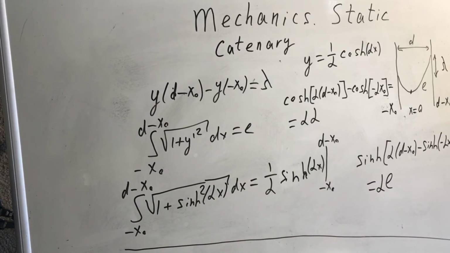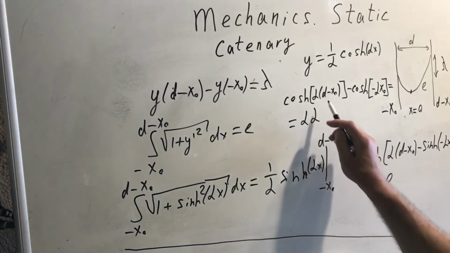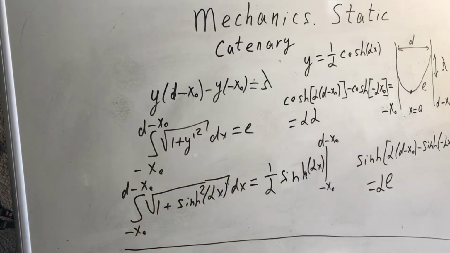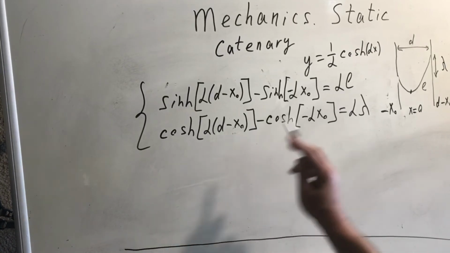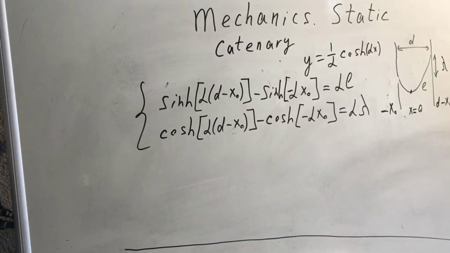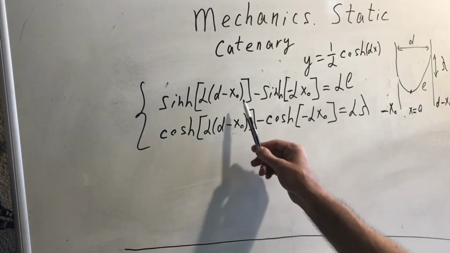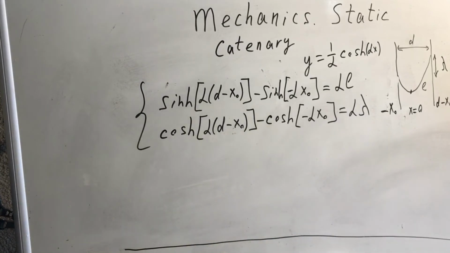So we have two equations, this one and this one. Let's rewrite them. We have these two equations, and we have two unknowns, x0 and alpha. We have to eliminate x0.